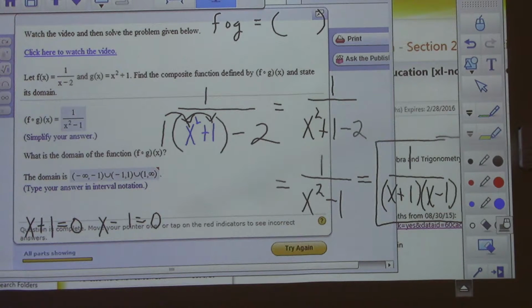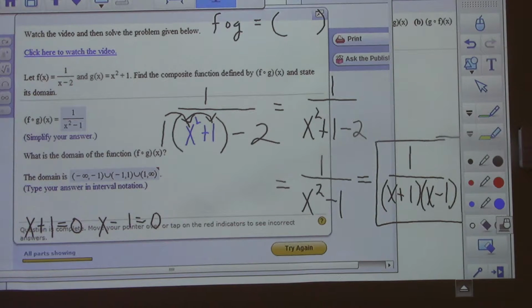What numbers can we not use? Negative 1 and what? Positive 1. So all real numbers except x cannot equal positive or negative what? 1. I don't care how you write it, as long as you write it. You can say, I can use all numbers except for negative 1 and positive 1.